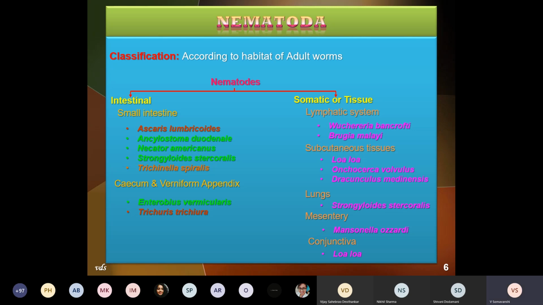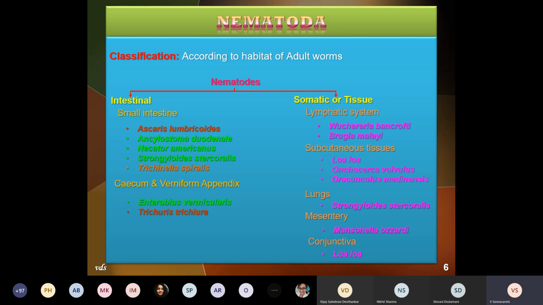Intestinal nematodes, we have again classified into two parts for our convenience. Now, in this intestinal nematode, we have classified the worms according to the site of localization of this parasite. At the same time, somatic or tissue nematodes have also been classified on the basis of their site of localization.